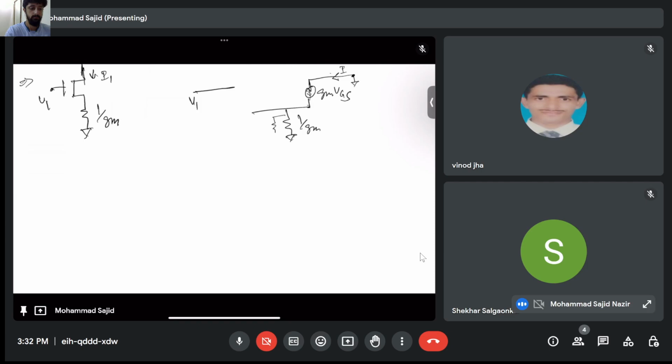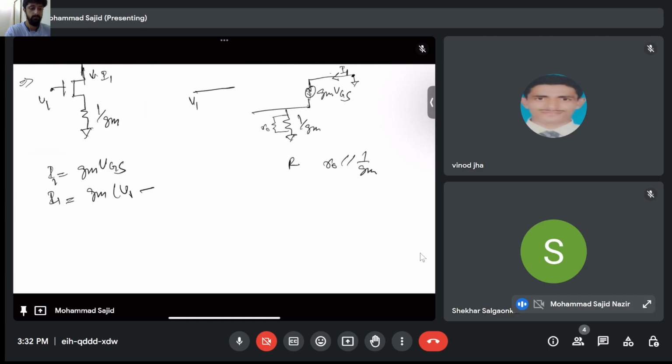Let's suppose this is your R0 here. Okay, so simply your I is Gm VGS. Let's call it I1, the current due to V1. So this will be Gm times (VG, which is V1, minus VS). VS is R0 parallel 1 by Gm.